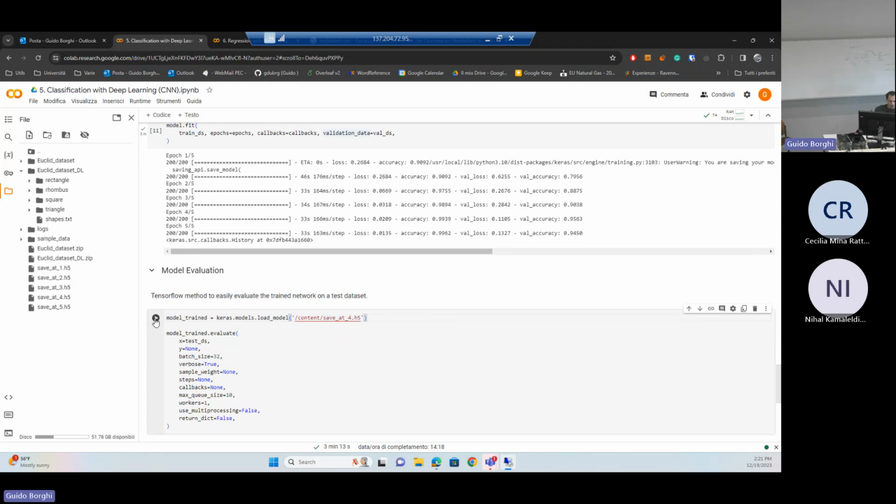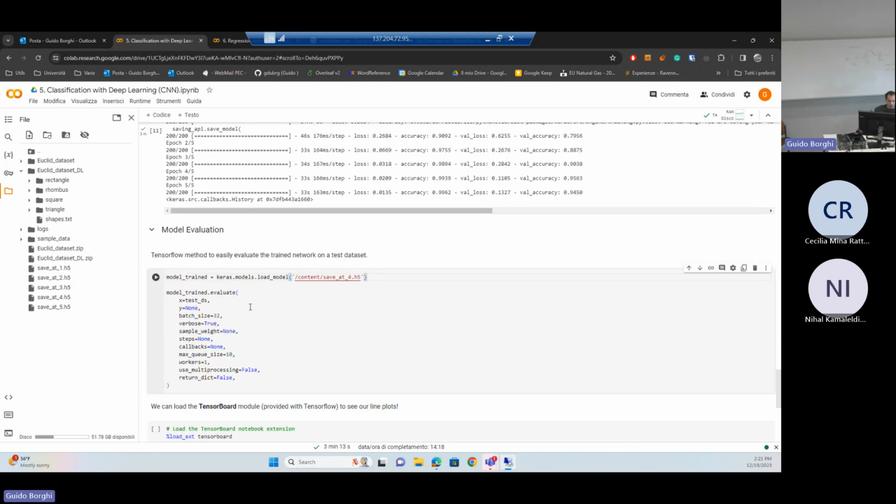And then I can evaluate our method. To evaluate our model, we can use the Keras evaluate method, in which we have to pass the testing dataset. We don't have labels here, and you have to decide the batch size and other elements.